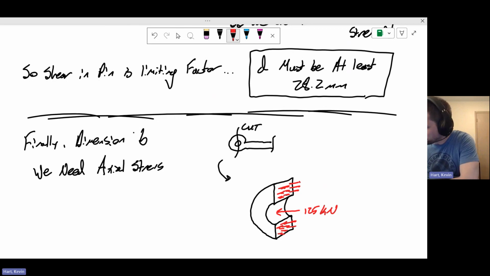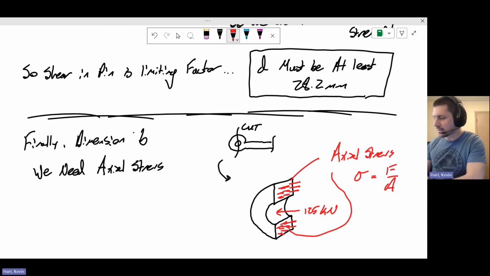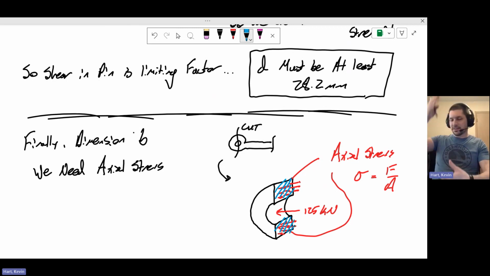And so together, this and this are an axial stress, which looks something like force over cross-sectional area, all right? Now, the cross-sectional area in this case comes from this half of the tie rod and this half of the tie rod, since I cut it in half right where that bolt location is.